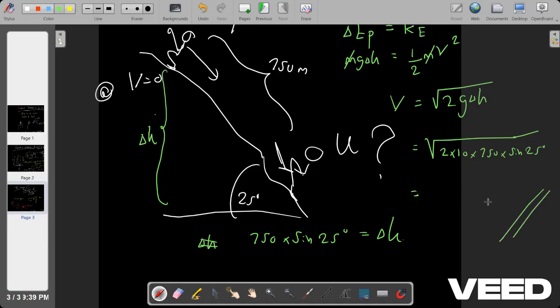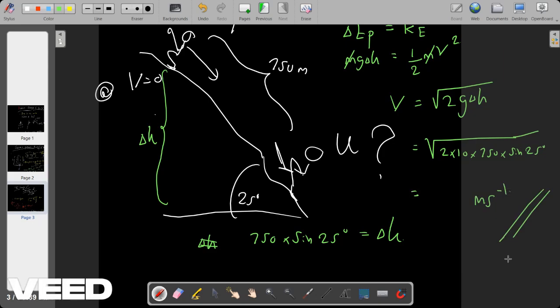You get the value in meters per second, right? So if you have done it right, you will get a value.